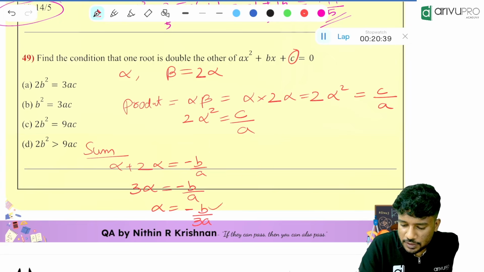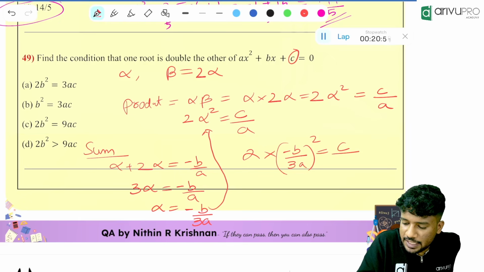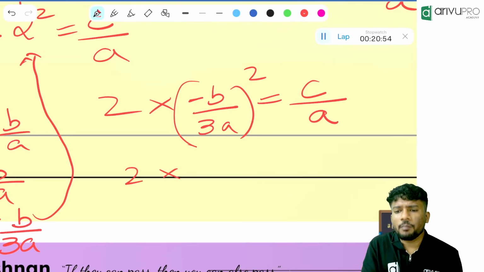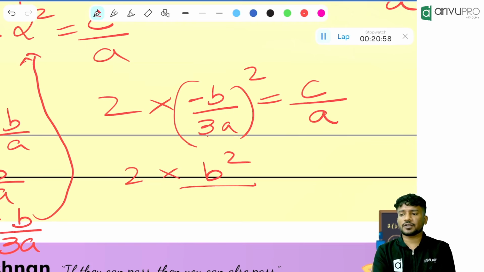Now you will substitute over here. It will become 2 into minus b divided by 3a the whole square is equal to c divided by a. Okay. Now 2 into minus b the whole square is how much? B square. Divided by 3 square is how much? 9. A square is how much?